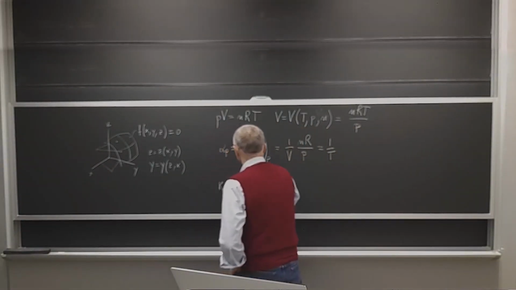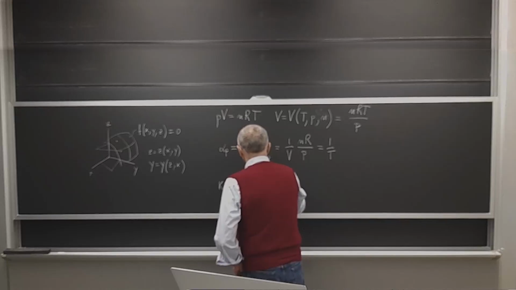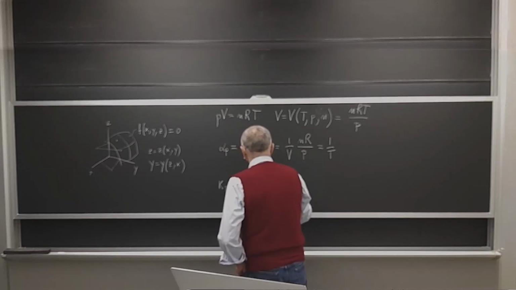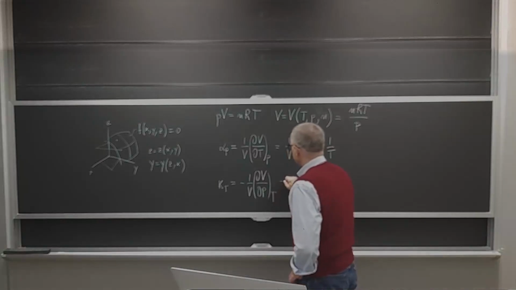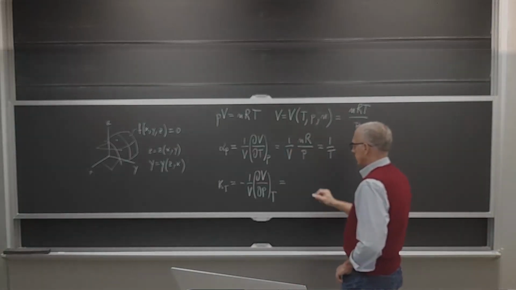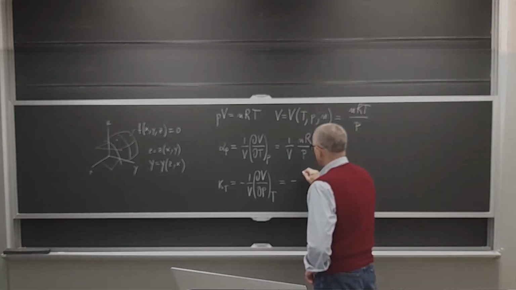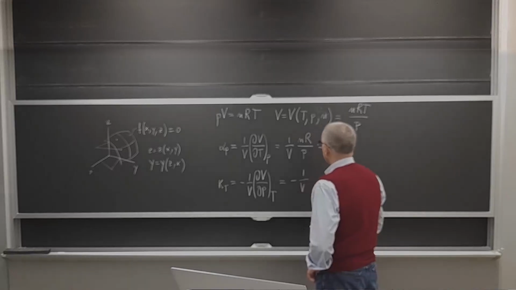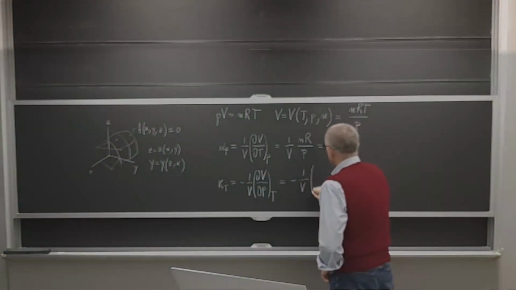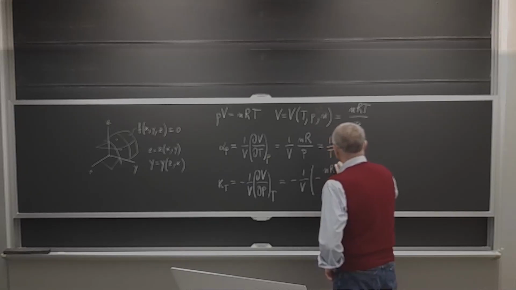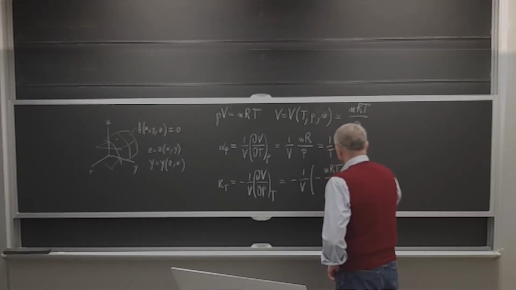Kappa T is minus 1 over V, the derivative of V with respect to P at constant T. All right? We can also do that derivative. The derivative of this with respect to P is minus nRT over P squared.